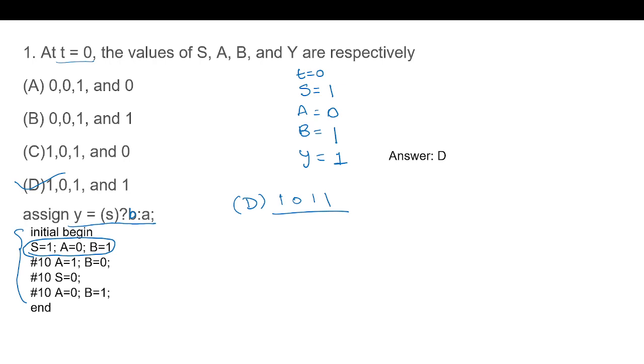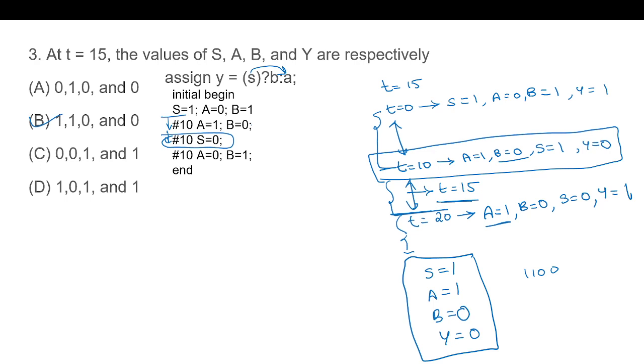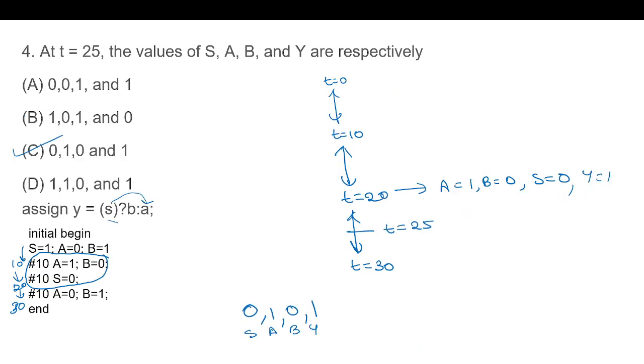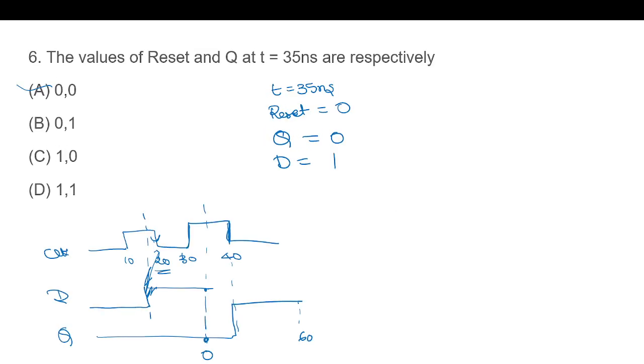Okay. First one is 1011. Second is 1011, D. Third is 1100, option B. Fourth is 10101, option C. And then fifth is 00.